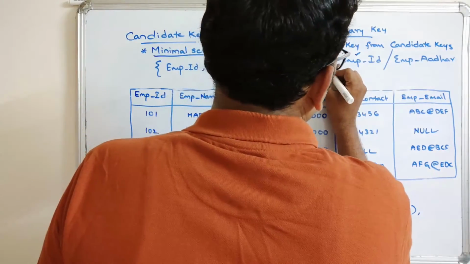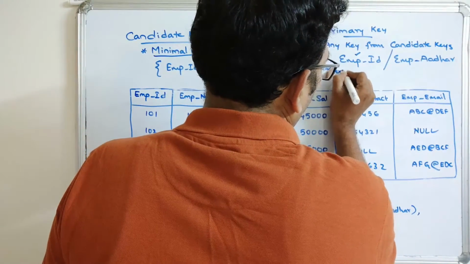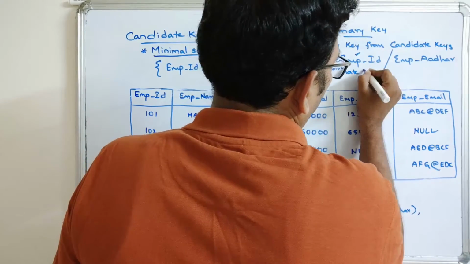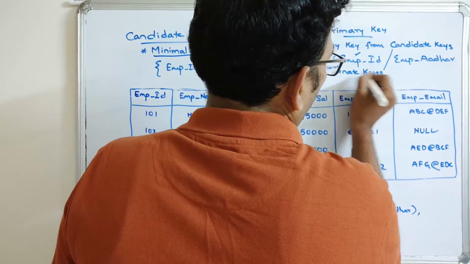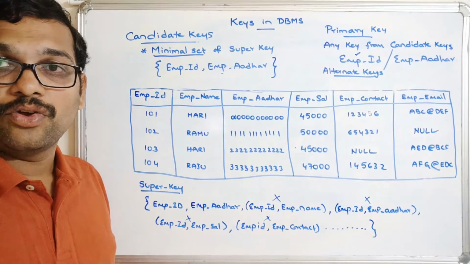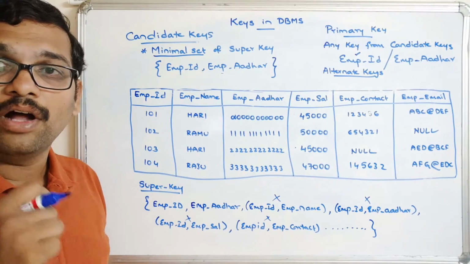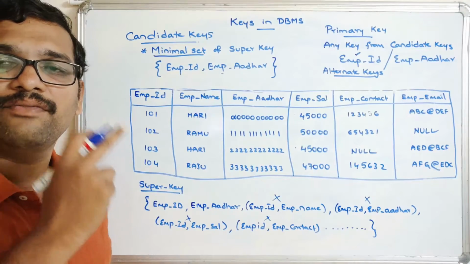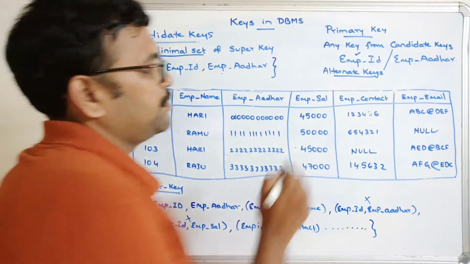So our next one is alternate keys. Except the primary key, all the keys available in candidate key will be considered as alternate keys.